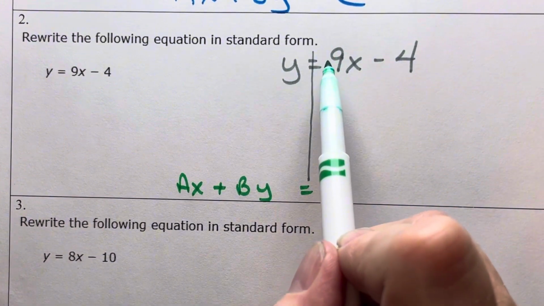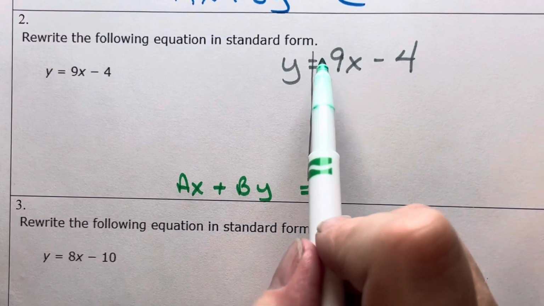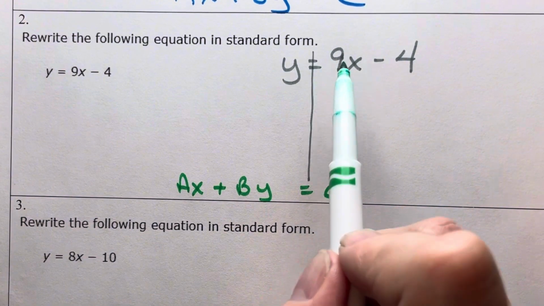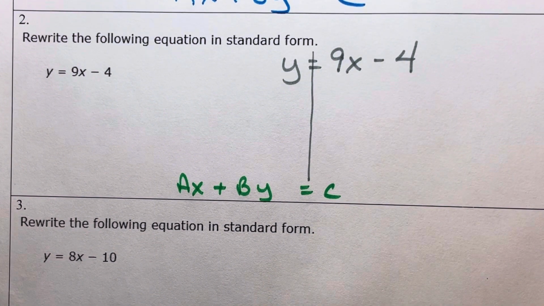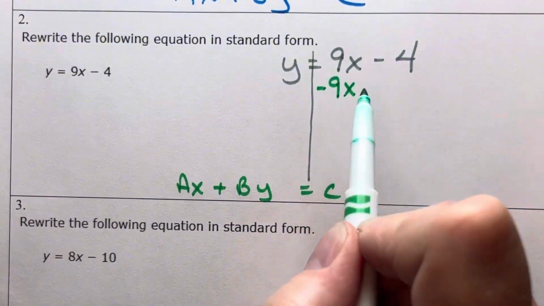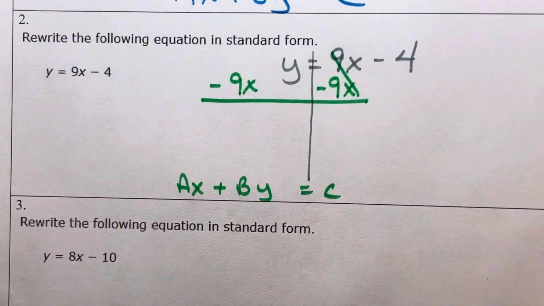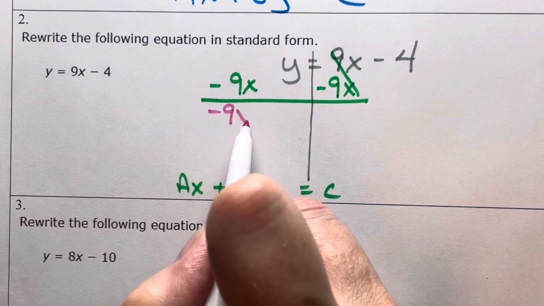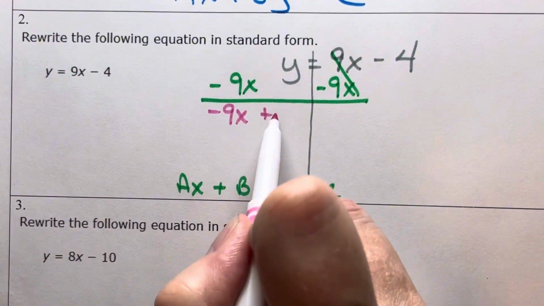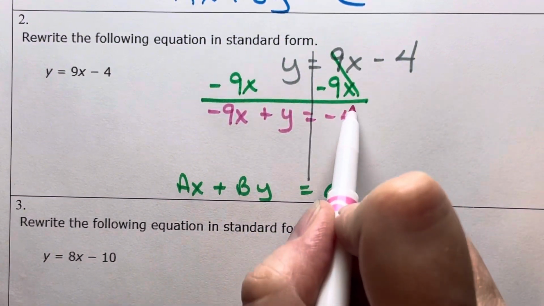To make that happen, we need to use the opposite sign. Currently, this is a positive 9, so we will subtract 9x on both sides of the river, creating for us negative 9x. This y is positive, plus y equals negative 4.